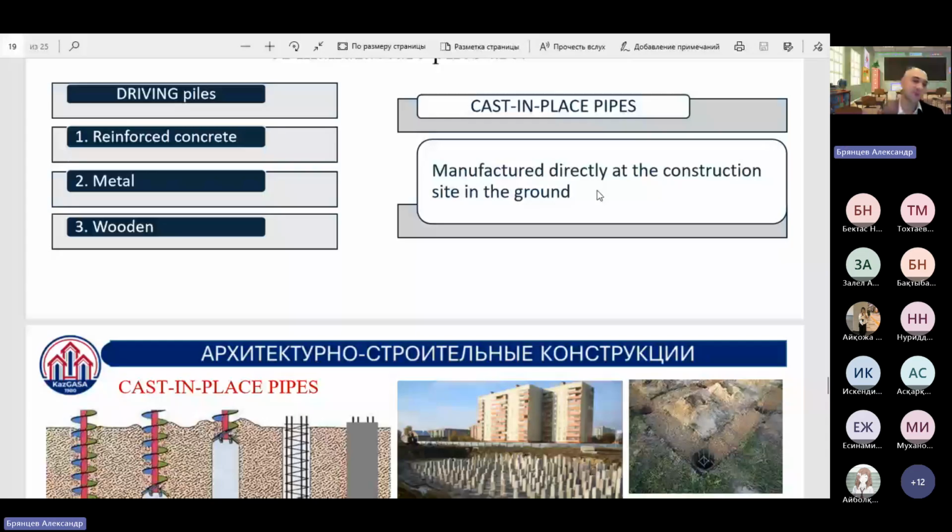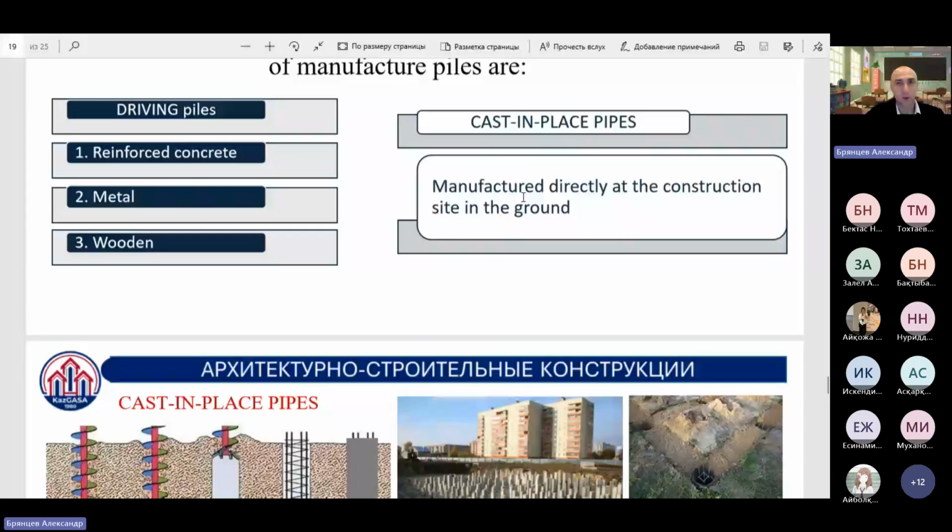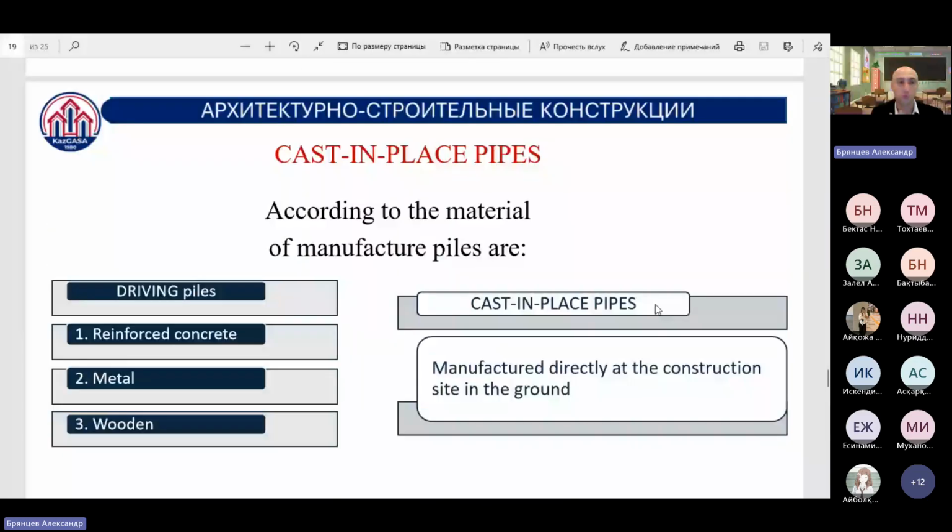То есть забивные, которые забивают вглубь. It can be made of metal, wood, or reinforced concrete.